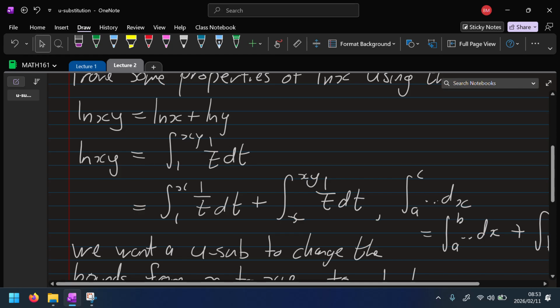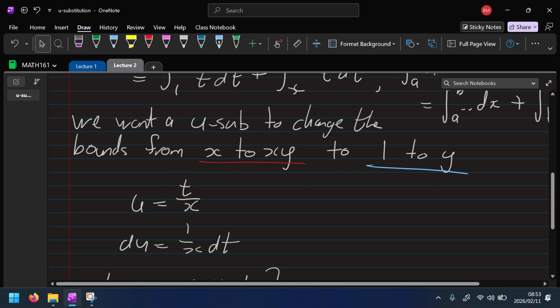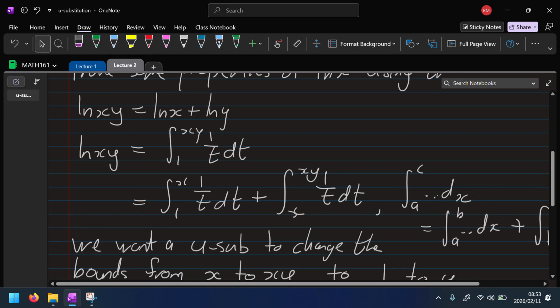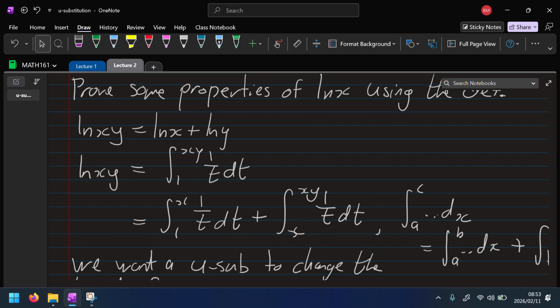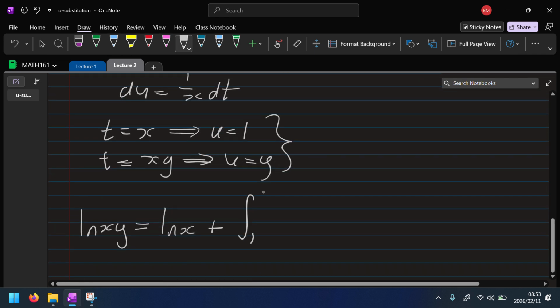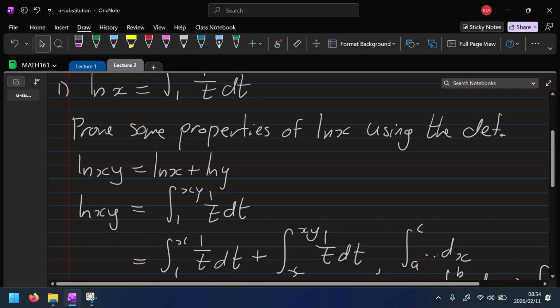The new lower bound is, what is it? 1. Good. We go back here. The old upper bound was xy. The new upper bound is y. So we can put a y here. The old function is 1 over t. The new function is?